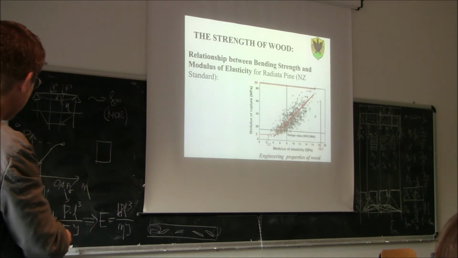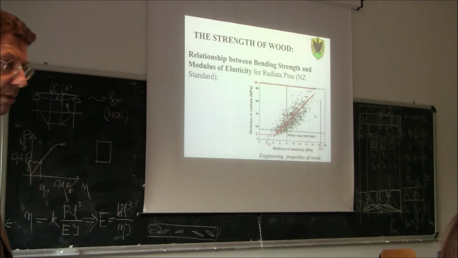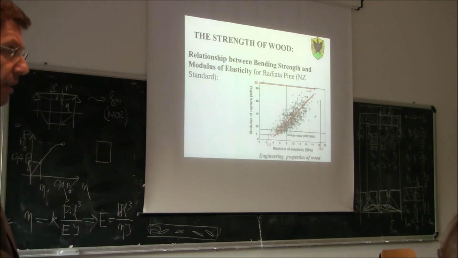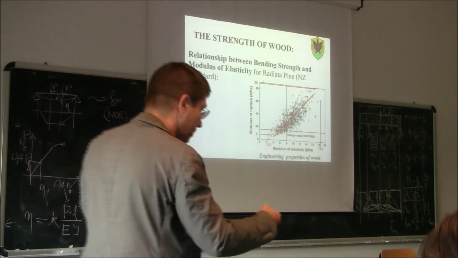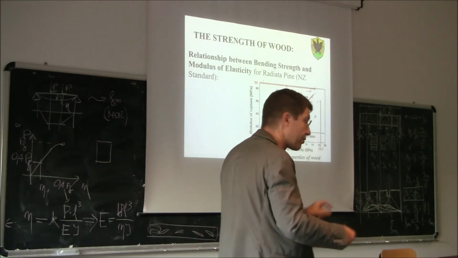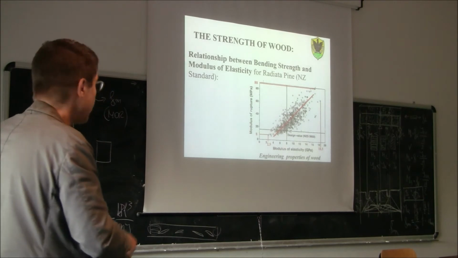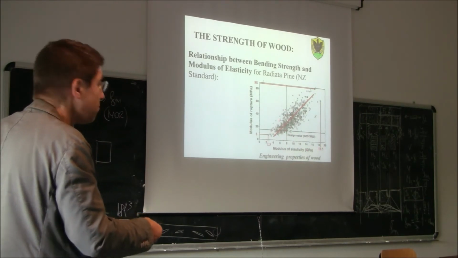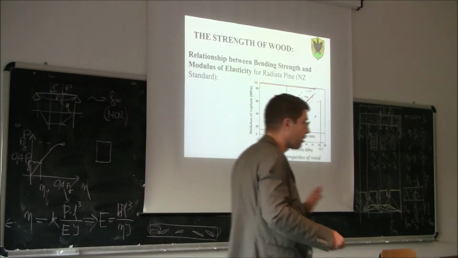I can measure the deflection, and then by inverting this relation, I can find out the modulus of elasticity. Because the first part of this diagram is very linear, it's elastic, linear, elastic. So by applying a small amount of load and measuring the deflection, we get the information of the modulus of elasticity. So once I get the modulus of elasticity, then I can find a certain range value for what concerns the modulus of rupture.